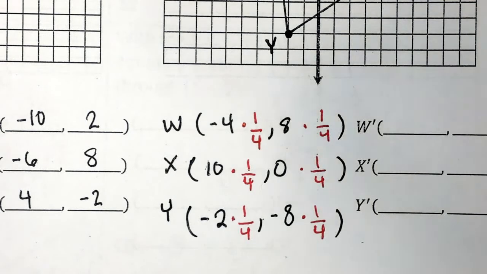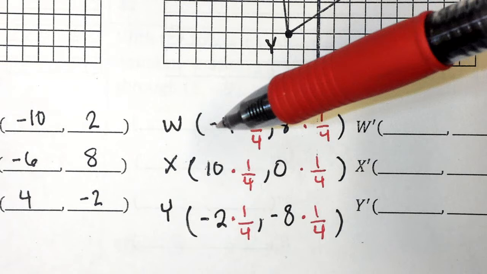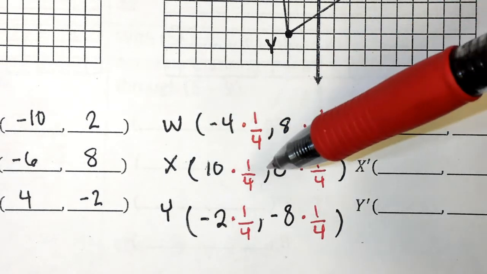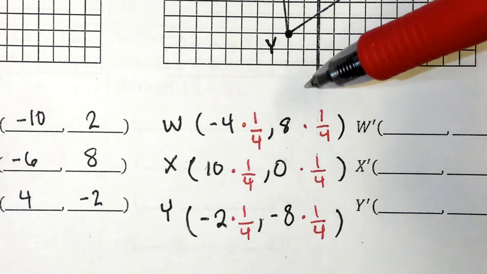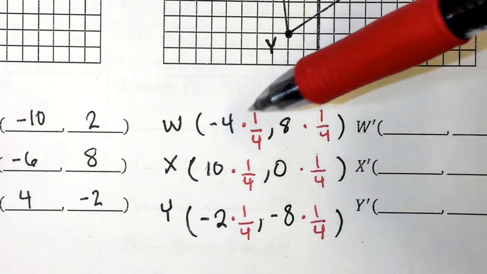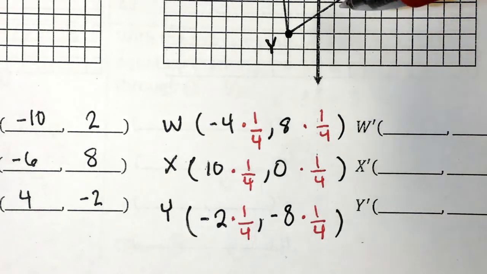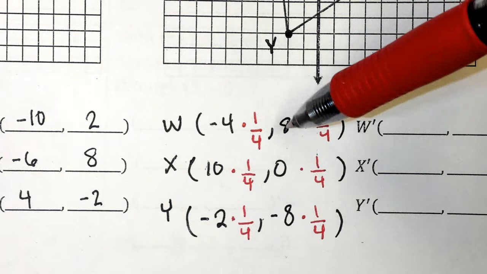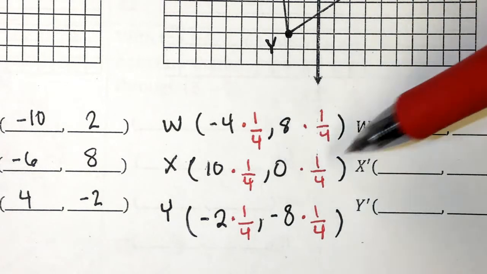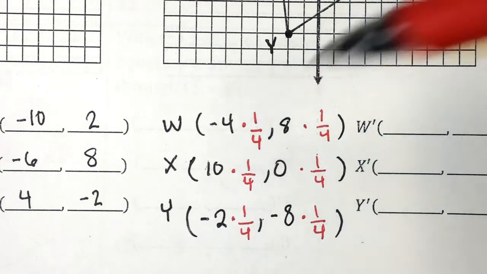But you should know that you're going to multiply the whole number times the numerator, and then divide by the denominator. Putting a 1 under there isn't going to help you. It's still going to be the same thing. Don't overcomplicate this. Every time, no matter what, I don't care if it's 1 over 4, 2 over 3, 3 over 2, whatever. Multiply the whole number times the numerator, divide by the denominator.